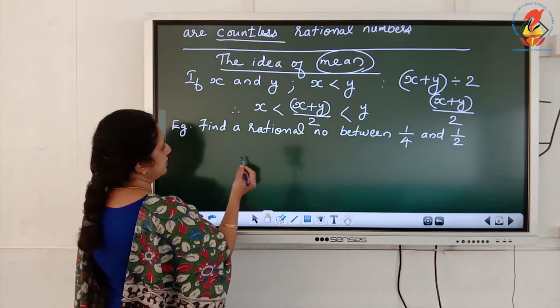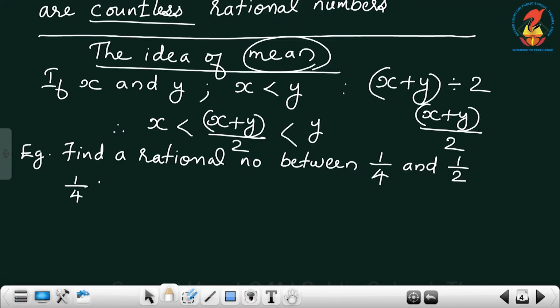We have to add them: 1 by 4 plus 1 by 2. The denominators are different, so we have to take the LCM. The LCM is 4 itself. So 1 by 4 is 1 by 4 itself, plus 1 by 2, whose equivalent rational number is 2 by 4, which is equal to 3 by 4.